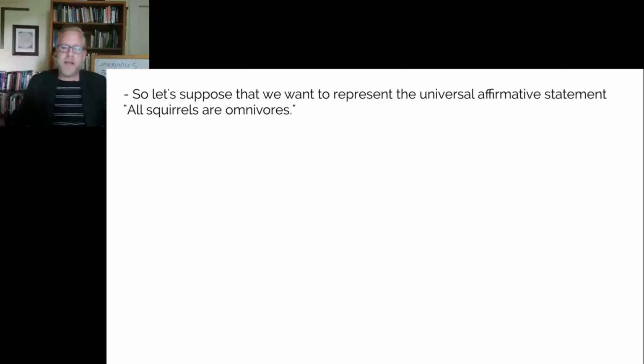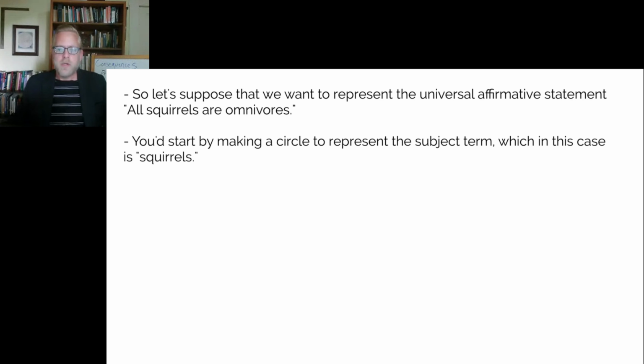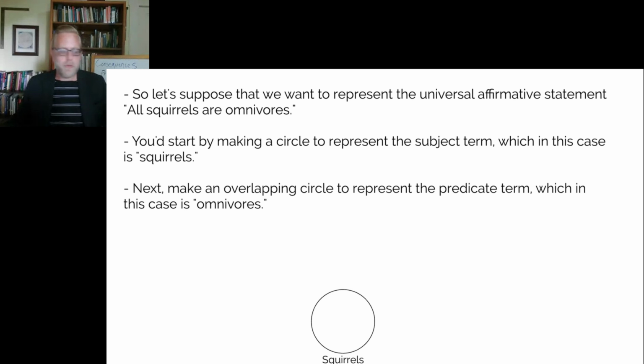So if our statement is all squirrels are omnivores, it's a nice universal affirmative, right? We're talking about all squirrels and we're saying something positive. All squirrels are omnivores. So you start with the subject term, squirrels, on the left, and then right to the right of it, but overlapping, this is important, it's got to overlap, because that allows us to say different things about the relationship between the 2 categories.